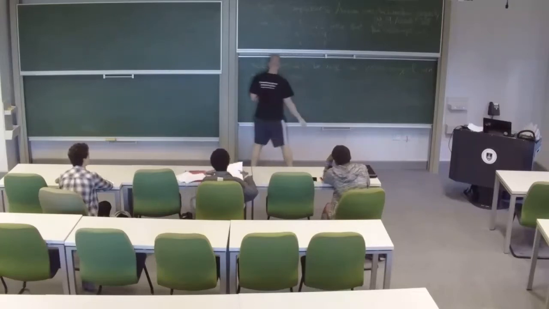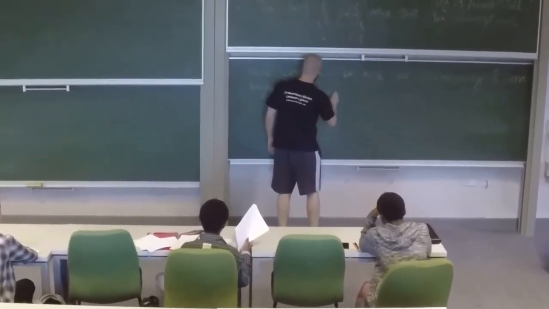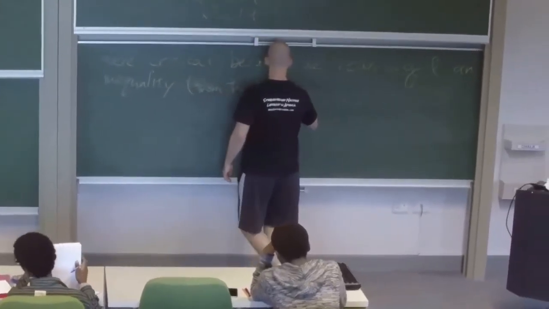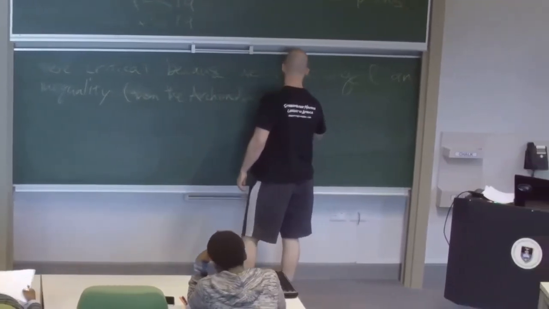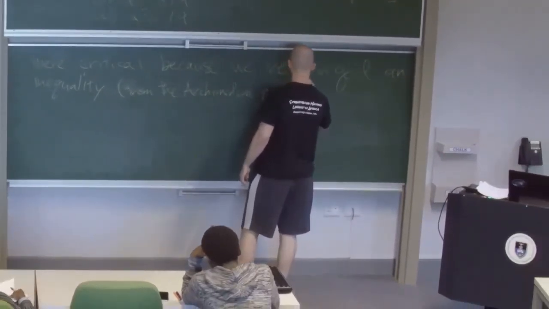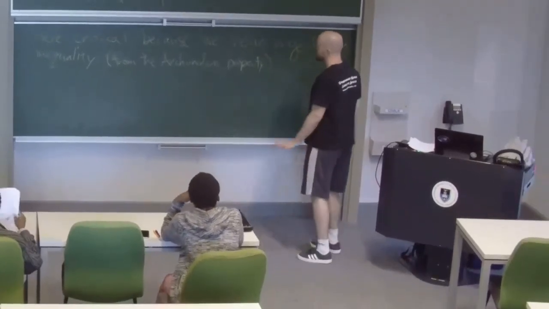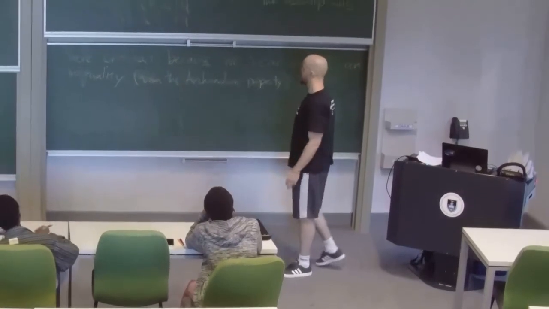Well, I'll say we rearranged an inequality from the Archimedean property. I say this, we rearranged an inequality that we got from the Archimedean property is really what I'm saying.